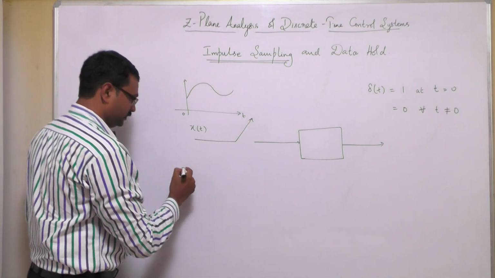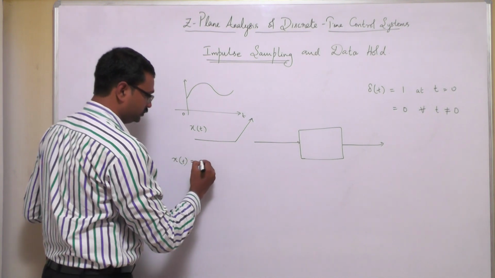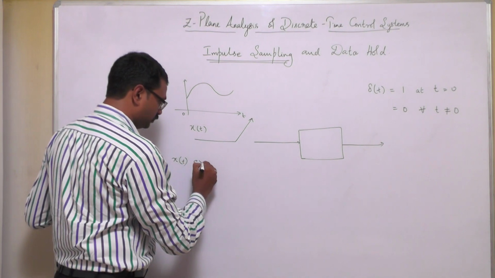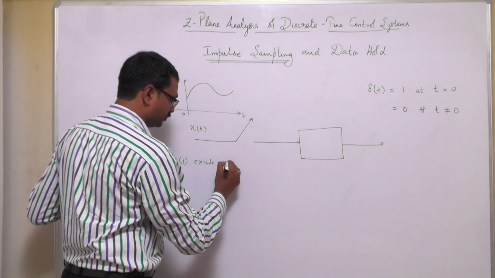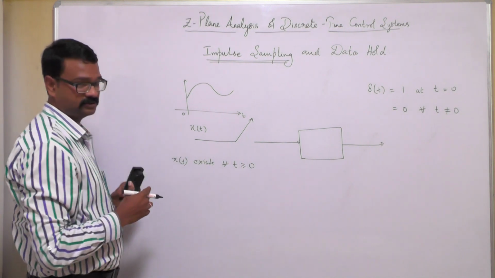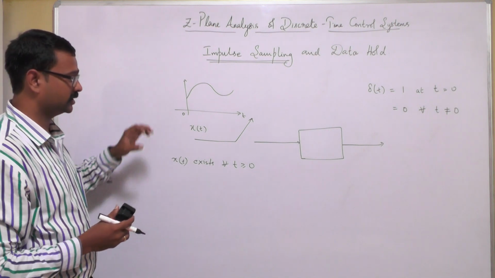It exists for all t greater than or equal to 0. X of t is continuous and exists for all t greater than or equal to 0, and for t less than 0 the signal doesn't exist. That is what we are assuming in this particular case.